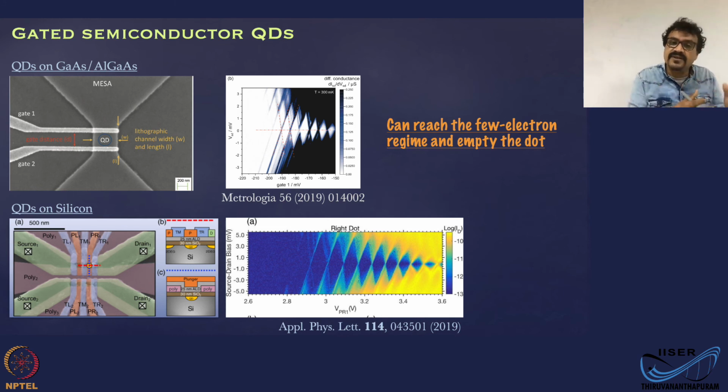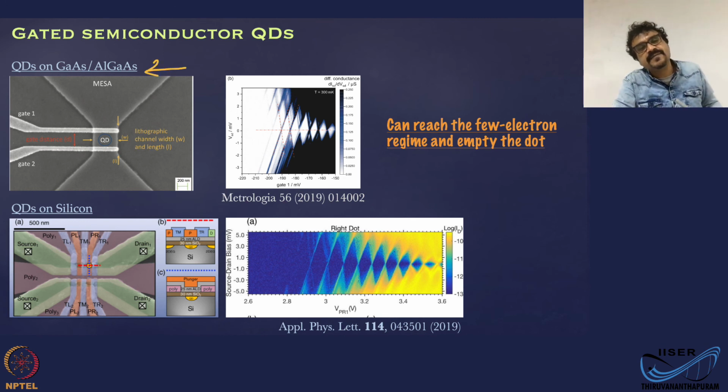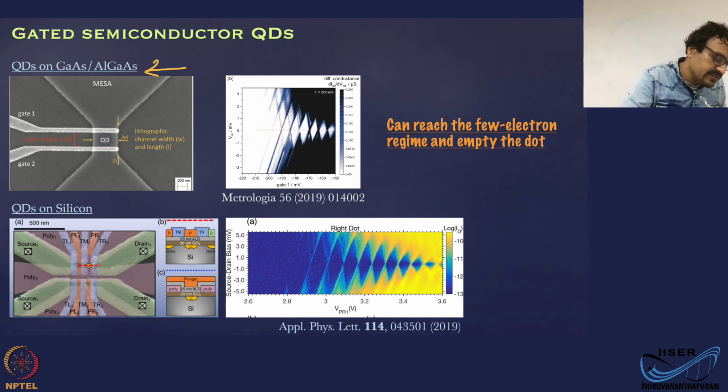Gating techniques we have discussed in one of the initial lectures, where you have a two-dimensional electron system such as gallium arsenide, aluminum gallium arsenide, and you put gates on the surface and apply negative voltage to confine the electrons. In this specific case, you have a small conducting region here.